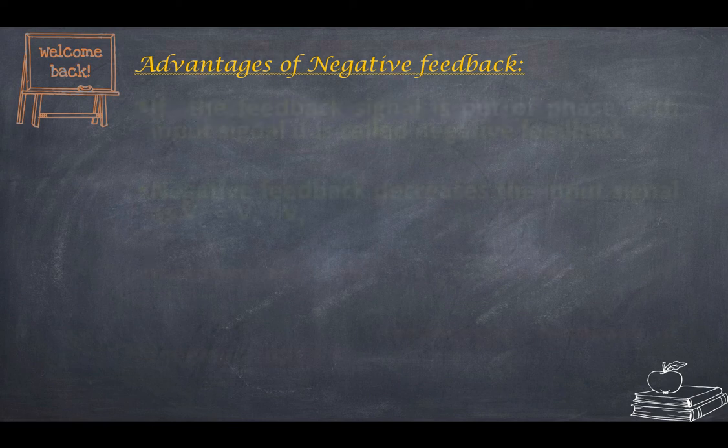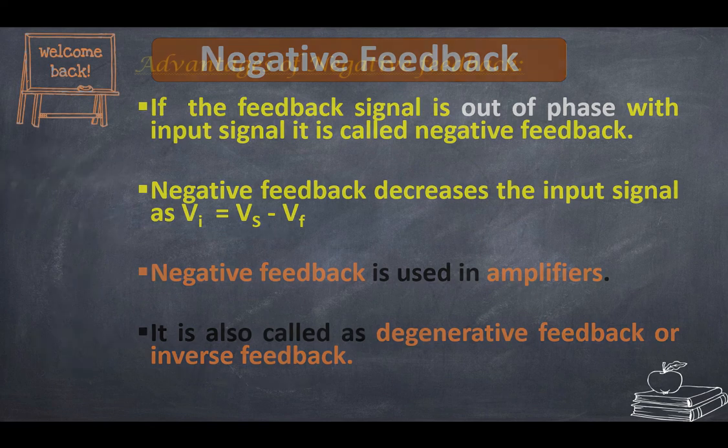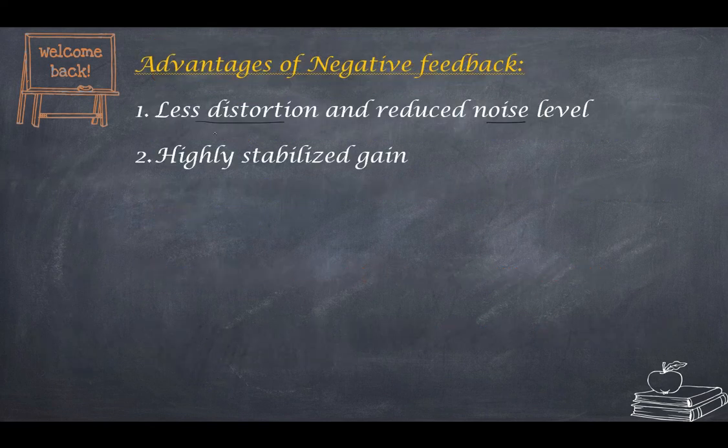You can see here, when these two get subtracted, the noise at this junction is the same as the noise here. When it gets subtracted, noise becomes 0, suppressed, and hence the noise level reduces, hence distortion. Because of that, we get a highly stabilized gain, flat frequency response over a wide range.